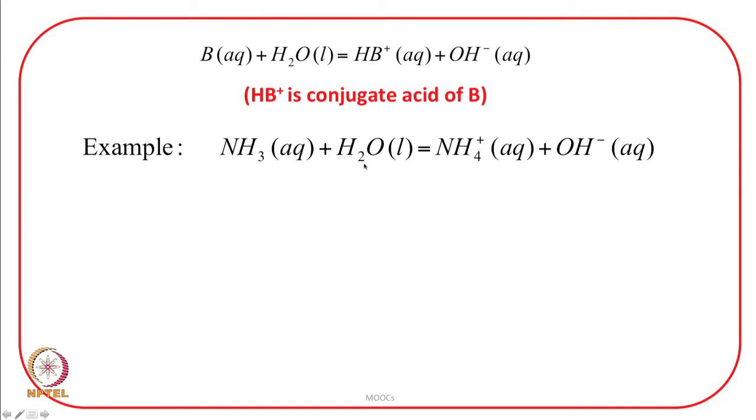Ammonia on dissolution with water will accept a proton from water, and form ammonium ion and hydroxide ion. And obviously here, if NH3 is a base, NH4 plus is its conjugate acid. Ammonia acts as a base, ammonium ion acts as an acid, and we will soon discuss whether this acts as a weak acid or a strong acid, that we will discuss a bit later.